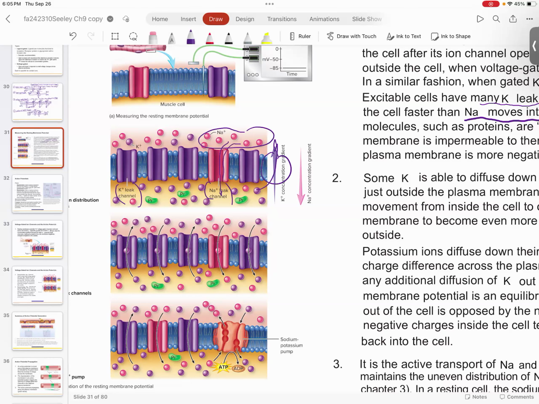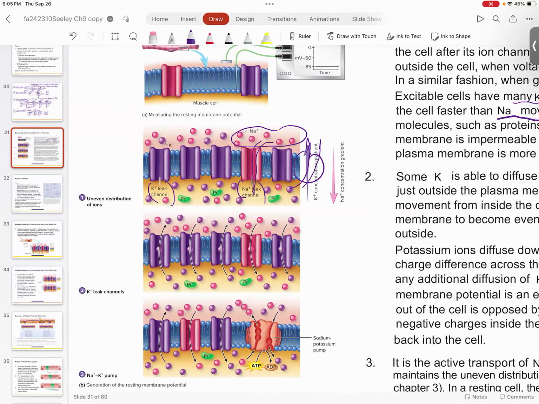You want this to happen because it helps maintain a constant distribution of sodium and potassium. As the sodium moves in, you'll have positive charge coming in, which will cause the positive charge of the potassium to want to move out.